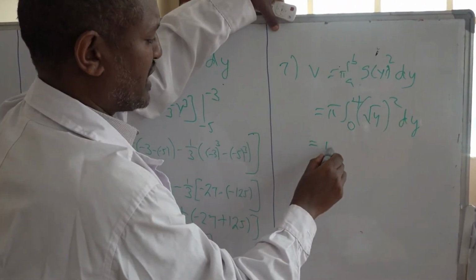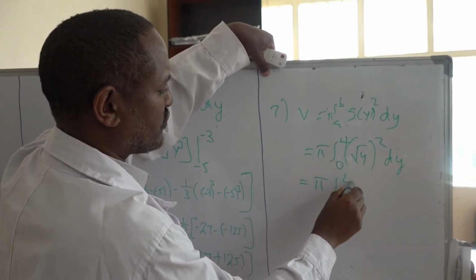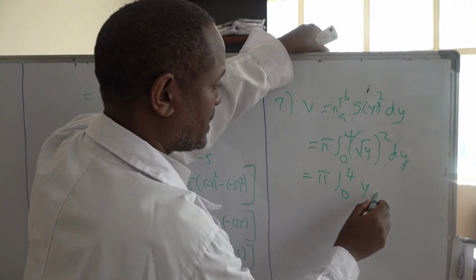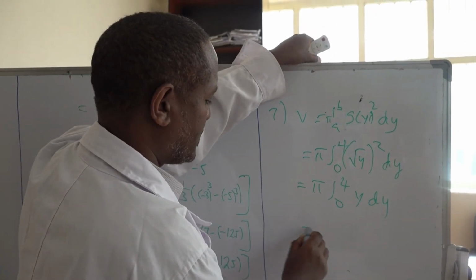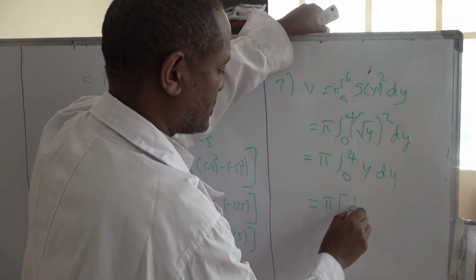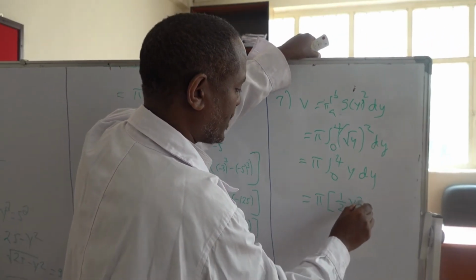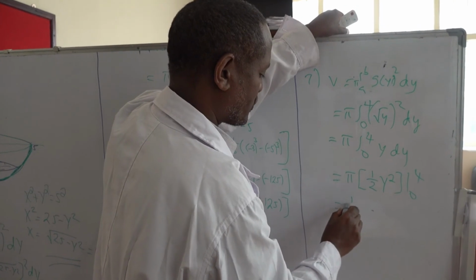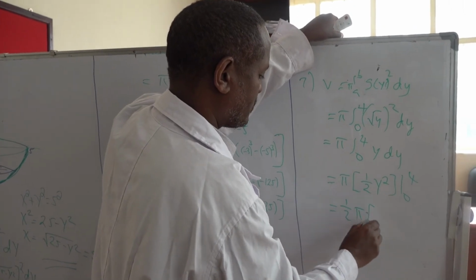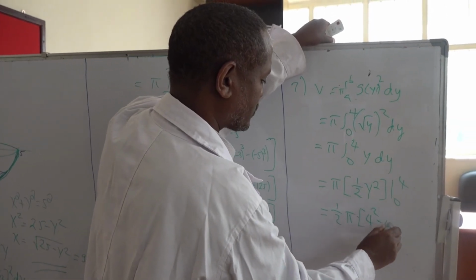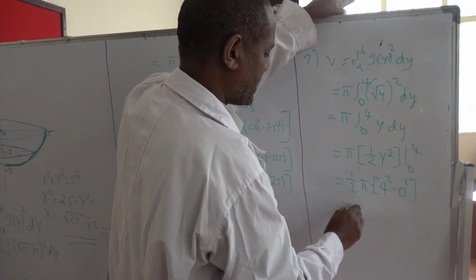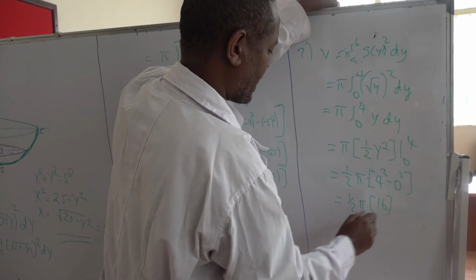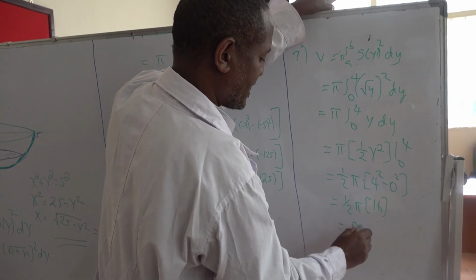So I'll have pi times the integral from 0 to 4 of the square of the square root of y, which is y, dy, and the integral is half of y squared. Evaluate this from 0 to 4, 1 over 2 pi. Now 4 squared minus 0 squared, 16 minus 0 is 16, and half of 16 is 8 pi.